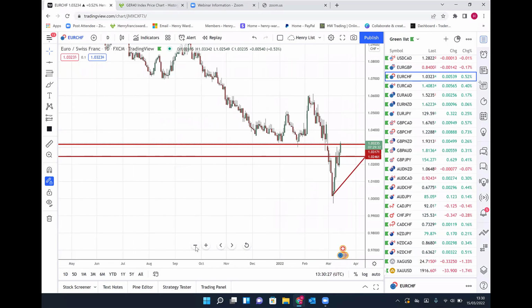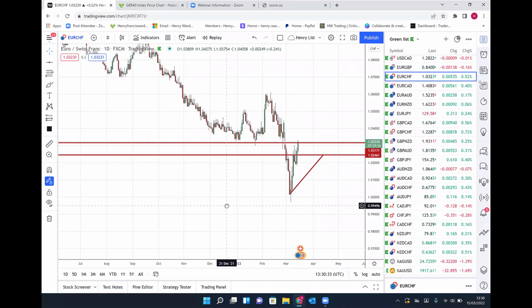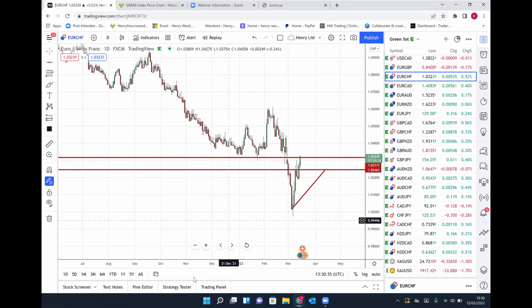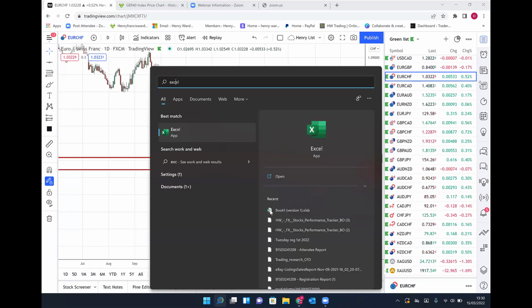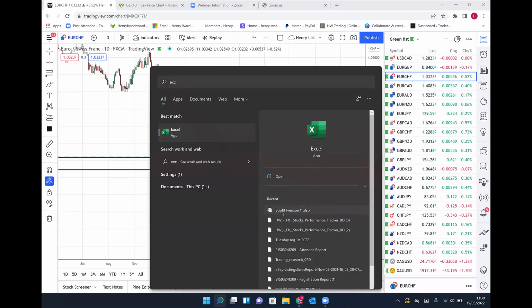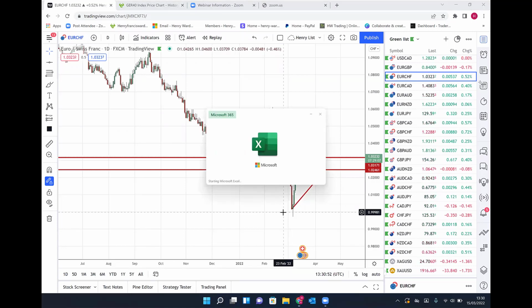Now, with that being said, we have to have a look at the other euro pairs. Let me have a quick look at the matrix that we did on Sunday.